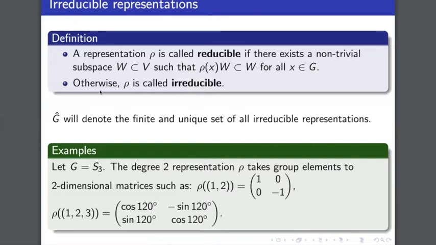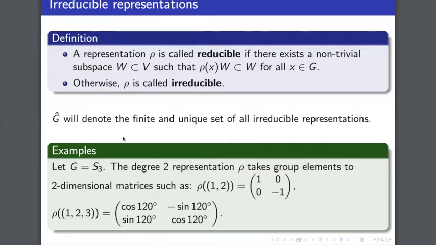That's the idea behind irreducible representation. Here is a short note about notation. G hat will denote the finite and unique set of all irreducible representations, unique in the sense of up to isomorphism.